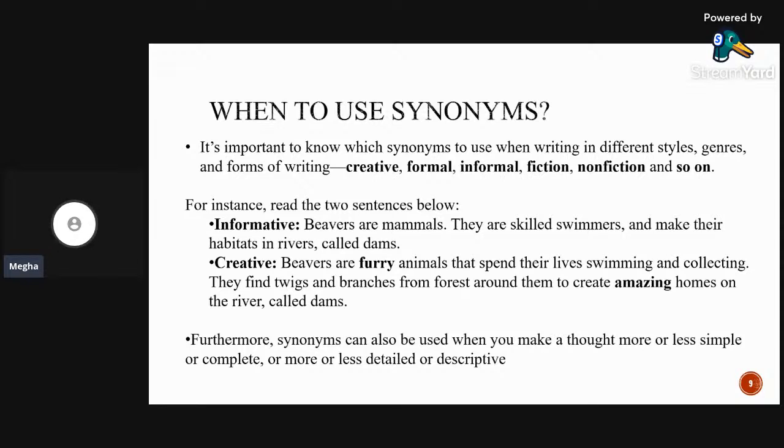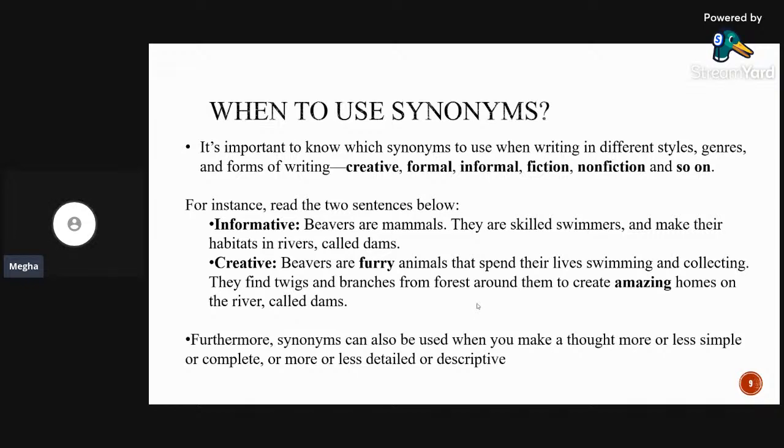See how the word furry has been highlighted, the word amazing has been highlighted. You can see how it is bolded, correct? So it is being creative with your own words. You're not just being informative here, you're being creative as well as informative. So it depends on how creative you can make a given statement, right?